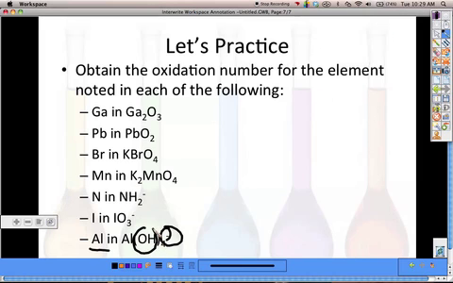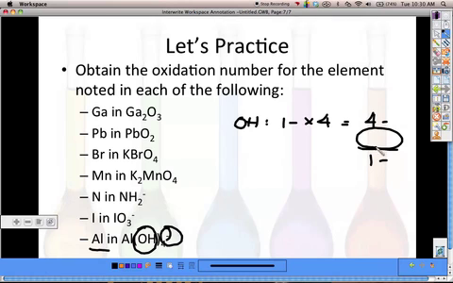I have the OH group, and I have 4 of those OH groups. OH is always going to have a 1 negative charge, so I multiply that by 4, and I get a 4 negative. I need a 1 negative overall, so my number that needs to go there is a 3 positive. Aluminum is a 3 positive charge, which if you look at the periodic table, that one makes a lot of sense for us.